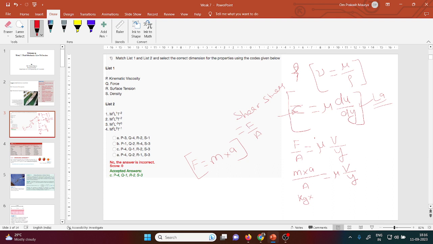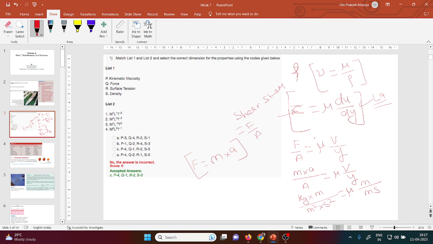For this, acceleration is meter per second square and area is meter square, and mu has velocity meter per second.